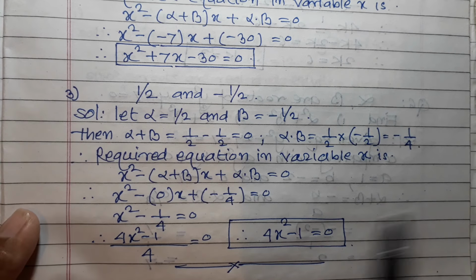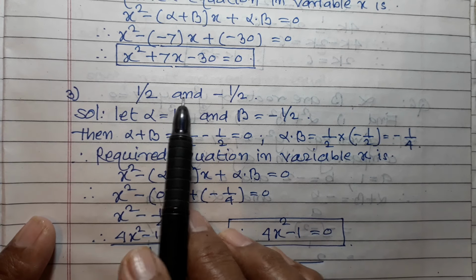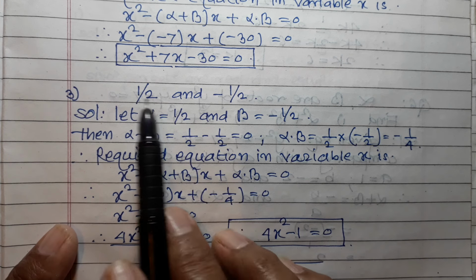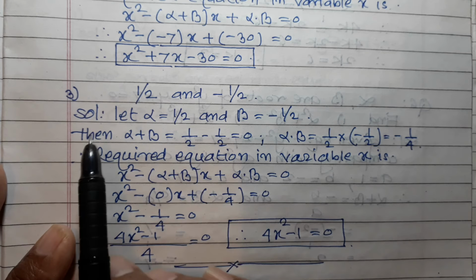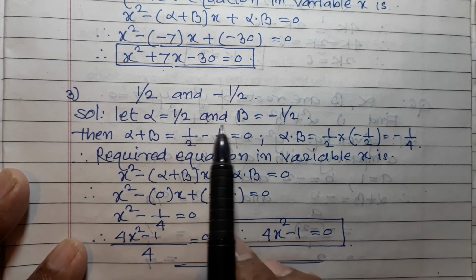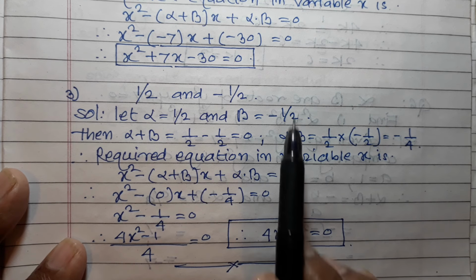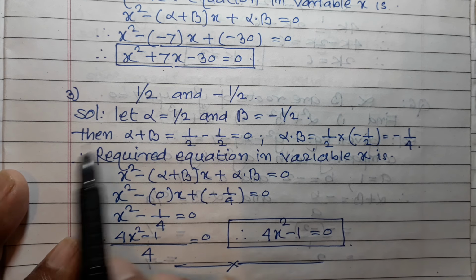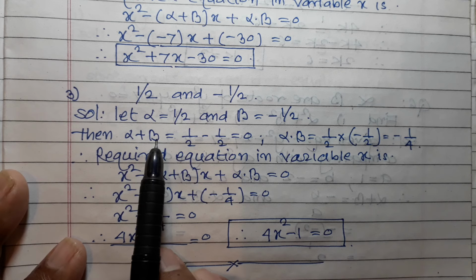Question number 3. 1 upon 2 and minus 1 upon 2 are two roots. Solution: let alpha is equal to 1 upon 2 and beta is equal to minus 1 upon 2. Then first you find alpha plus beta.